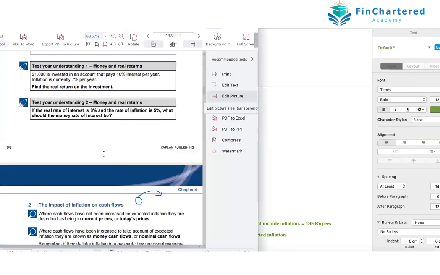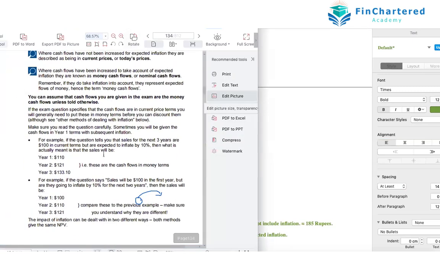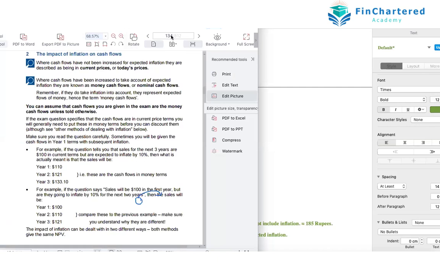And that is what has been explained on this page. Just look at what I'm underlining. No need to make your life very complicated. If you do not adjust for inflation and just take the price today, that is simply known as the current price or today's price. If you adjust for inflation, then that price is known as the money or nominal price.